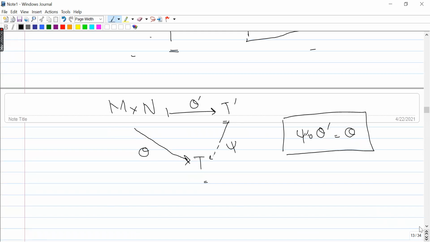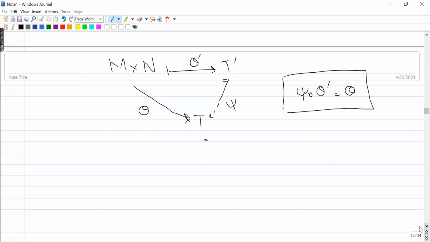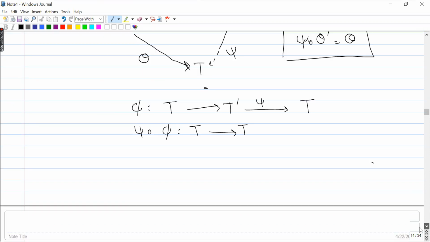Now just try to see this: we know that phi is a map from T to T bar, and psi is a map from T bar to T. So if I take the composition psi composed with phi, I will get a map from T to T in this way. Now we consider a diagram.